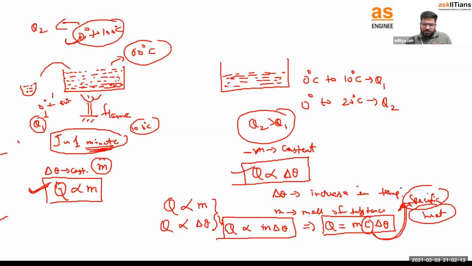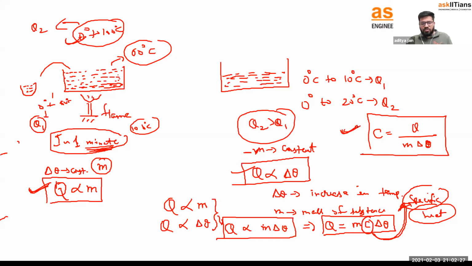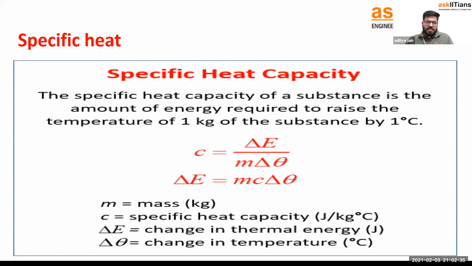So if I write the formula of C from here, can I write C is equal to Q by M delta theta? Yes or no? So this is how specific heat is defined. Before going into a deeper explanation, we will directly see its definition. Specific heat is also known as specific heat capacity.